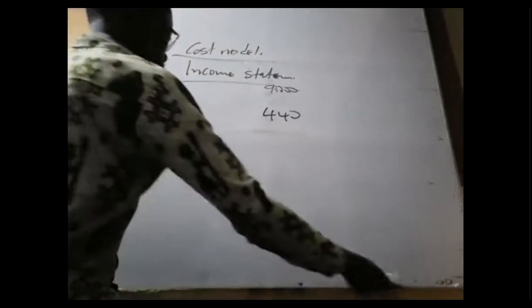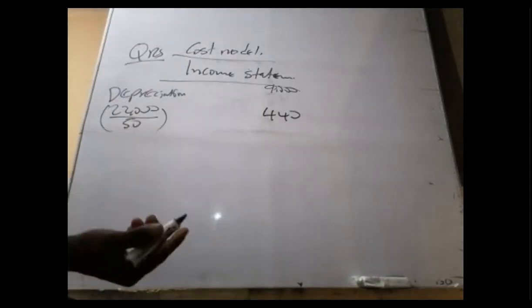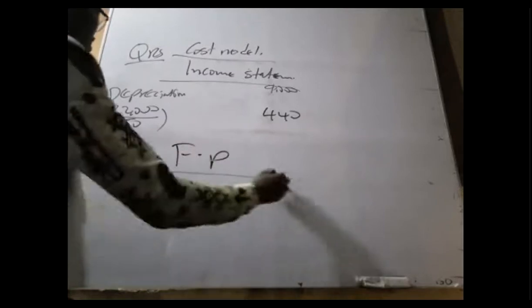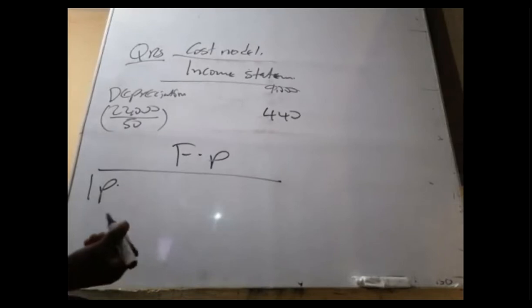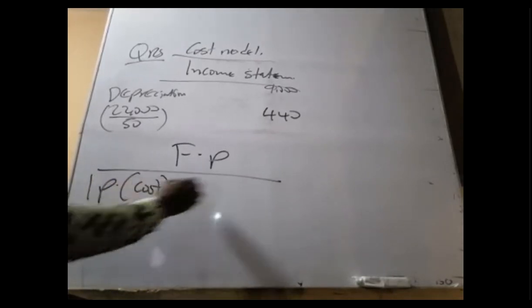So you've gotten your depreciation, right? So in the statement of financial position, that's the balance sheet, all that will go there is IP, investment property. Do the workings. What is the cost? Original cost.